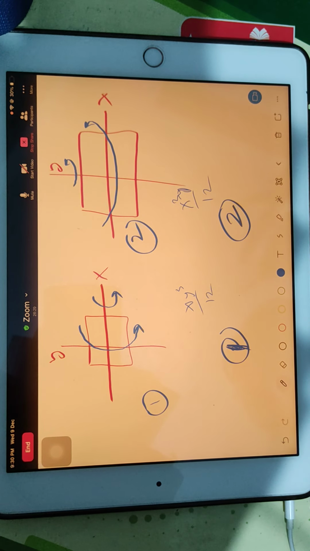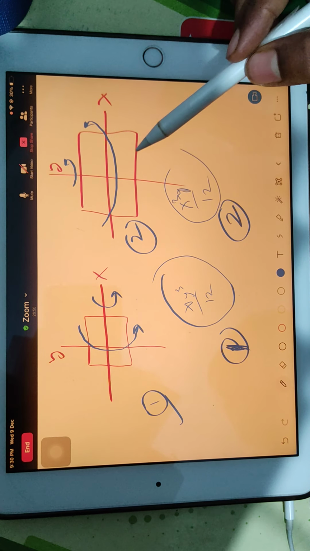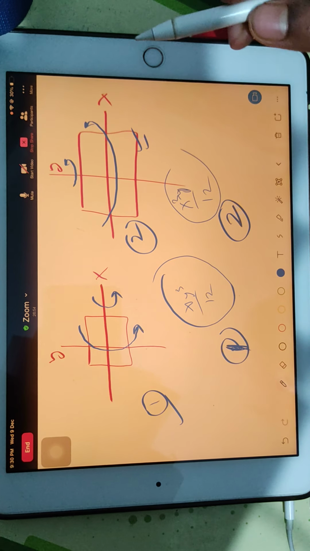Which formula is correct for which diagram? xy cube for 1, x cube y for 2. Absolutely right.